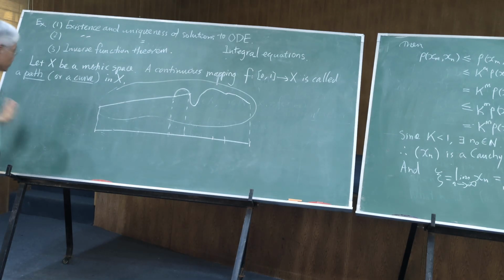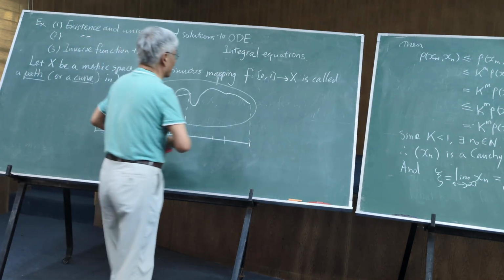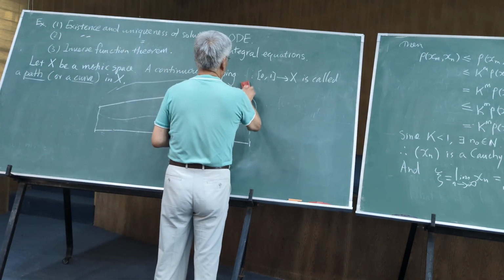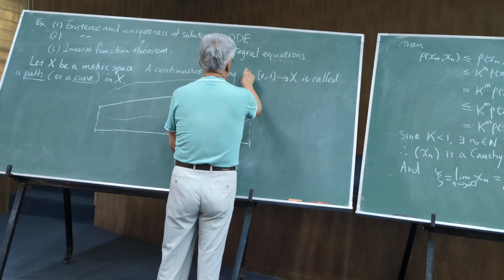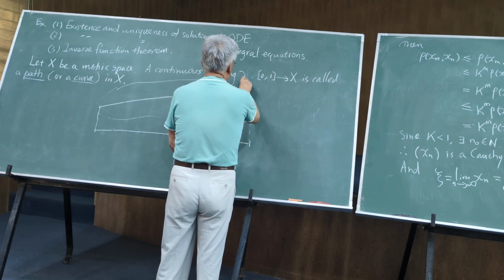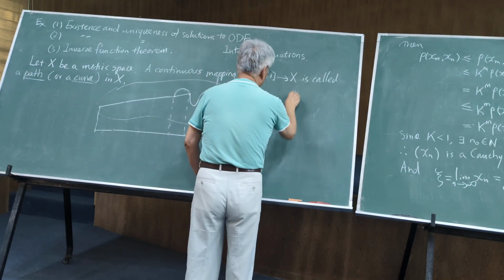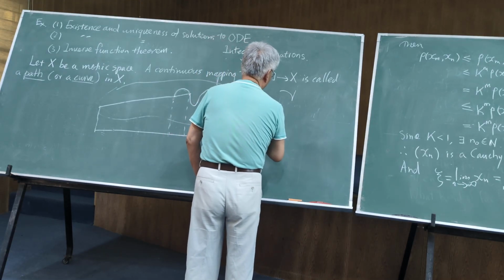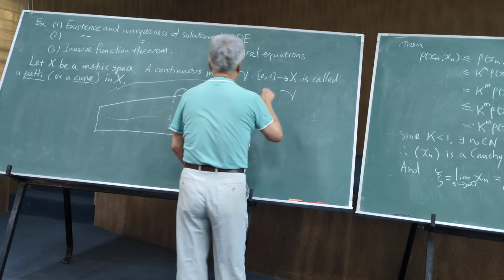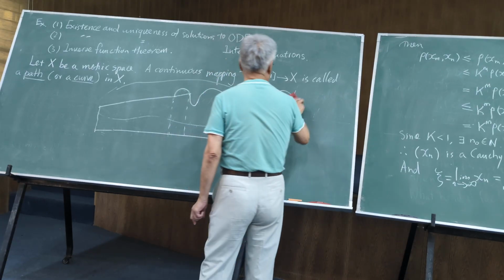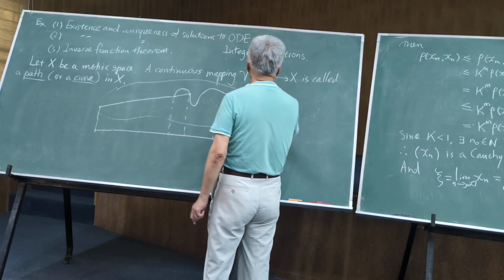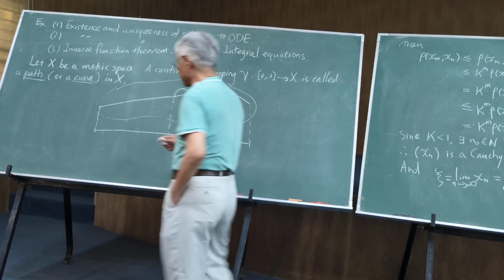I see, this is meant to be gamma. We use gamma to denote the curve or path. How to write gamma? In Urdu, probably you need to write it up, but I think this is fine, right? Gamma is a continuous one.